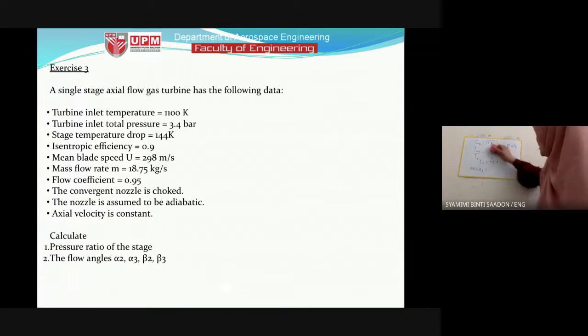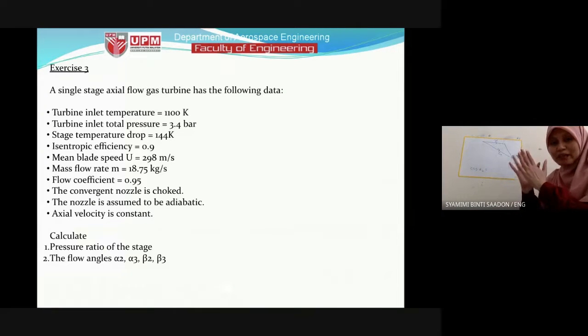Okay, I draw the velocity triangle first. We have something like this. This is U, so U is the same. This is C2, the absolute velocity. For the turbine, we only focus on locations 2 and 3 because that is the rotor part, which is moving.